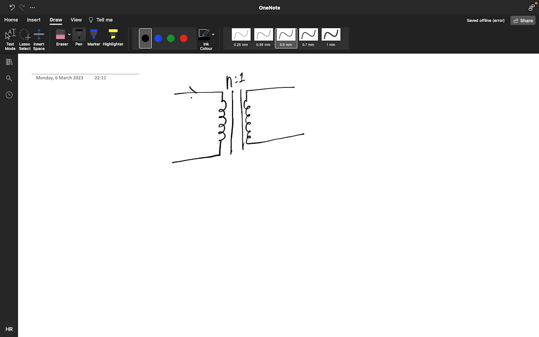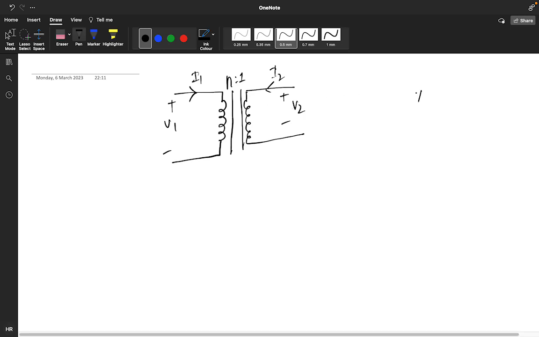This side is the I1 current, this side is the I2 current, this is positive-negative V1, and this is positive-negative V2. You need to find the T network.